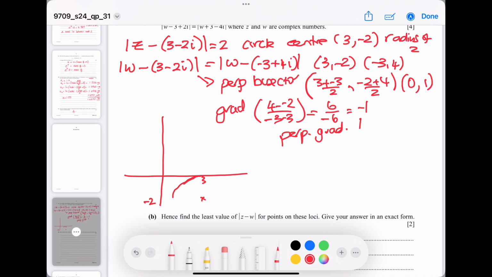This is going to hit there. Gosh, it's terrible. And then this goes through 0, 1. Let's try and keep my scale quite decent. 1, 2. And then it would have a gradient of 1.